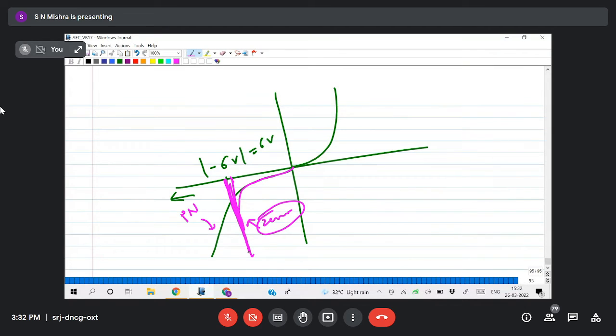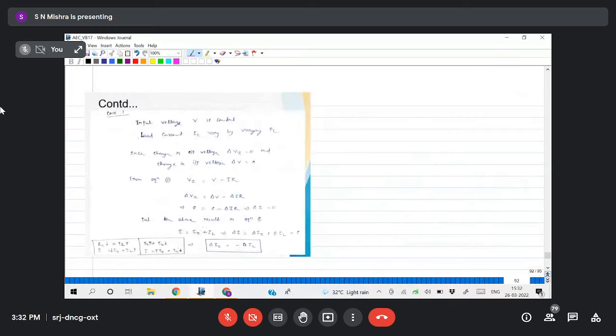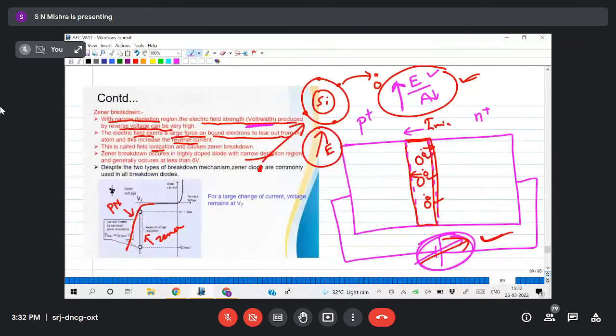From here to here, voltage remains constant. Even if current increases, voltage remains constant. But in PN, the voltage changes and current also changes. They are not getting constant voltage. So that is the advantage of Zener. We will use it as a voltage controller. Okay, now you have understood what the difference is.